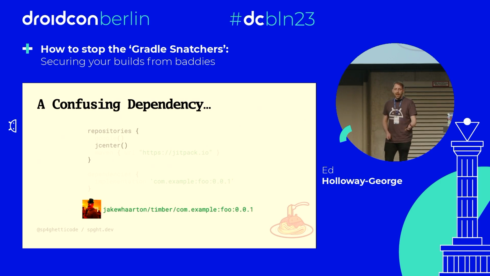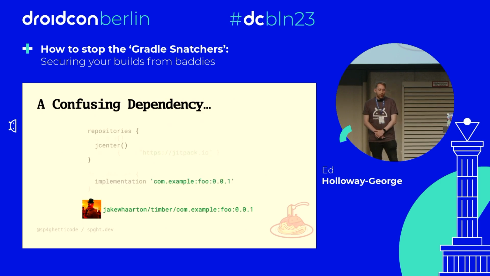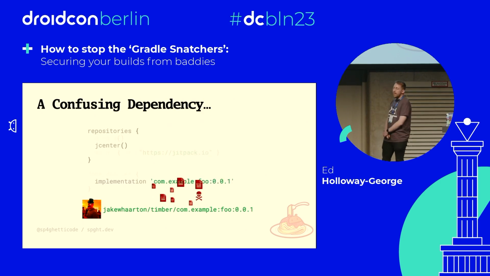So in this case, when it went to JCenter, JCenter had a vulnerability essentially allowing anybody to upload any artifact, and the artifact in this case was resolved. And what that meant is that instead of getting the library that Martin expected, he ended up getting the library from JCenter, and ultimately all of the bad stuff that came with it.